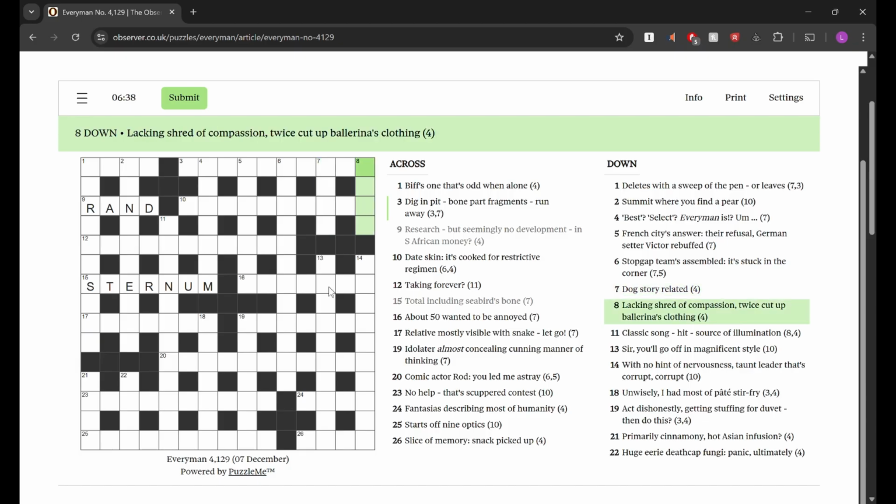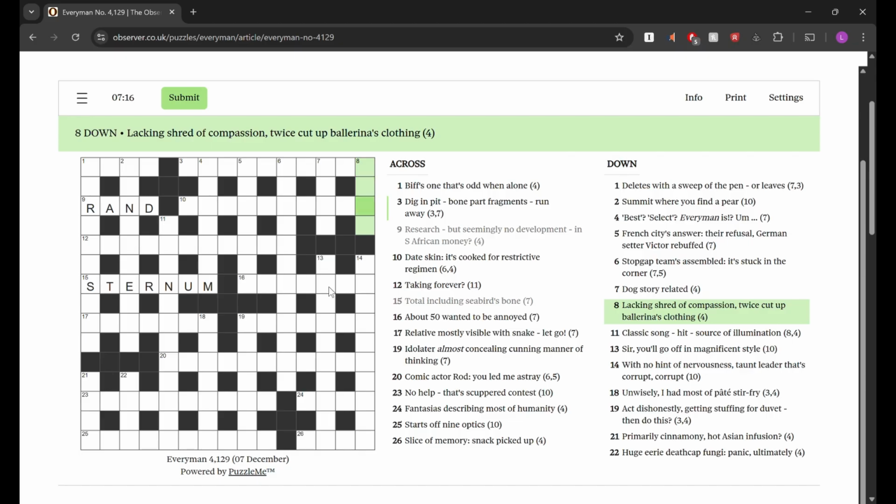8 down. Lacking shred of compassion. Twice cut up ballerina's clothing. Is that like a tutu? Lacking shred of compassion. I'm not sure.